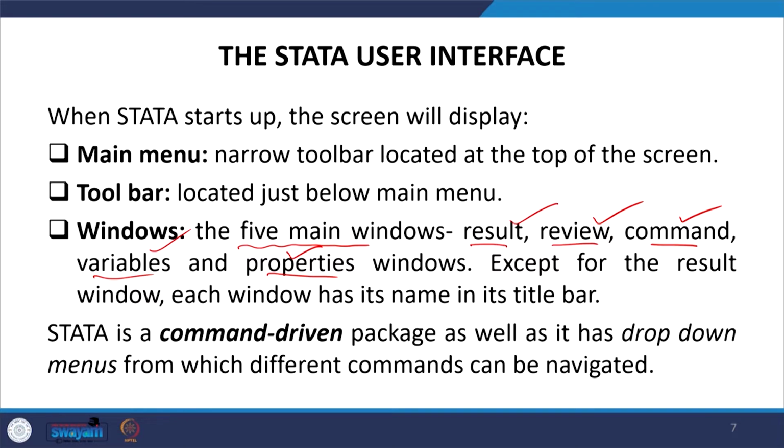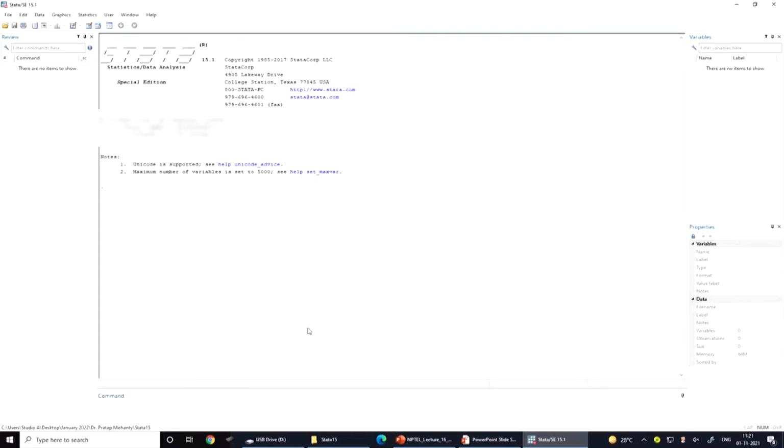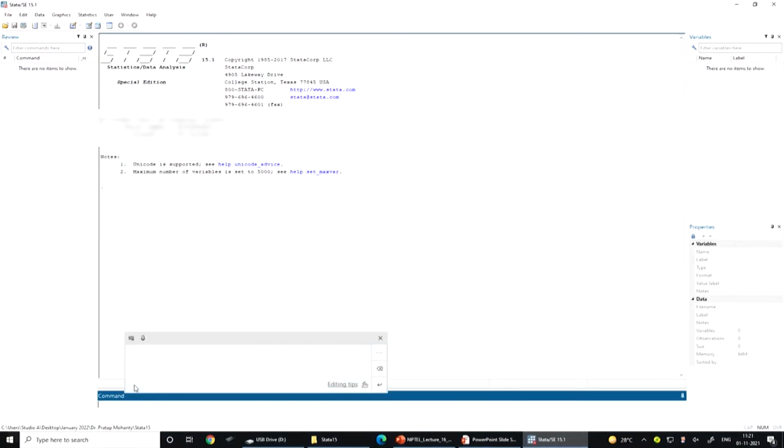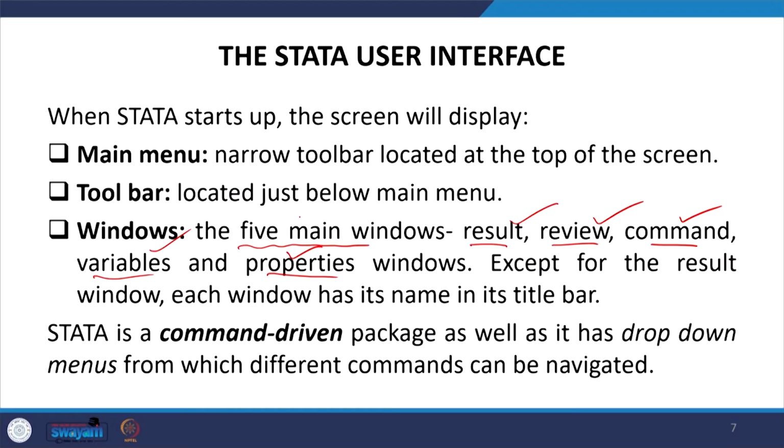I have already shown you. Here is the result, in this section we get the result. Then variables are here, properties here, review here, and command here. Except for the result window, each window has its name in its title bar. The result window does not have its name, it only displays the result.